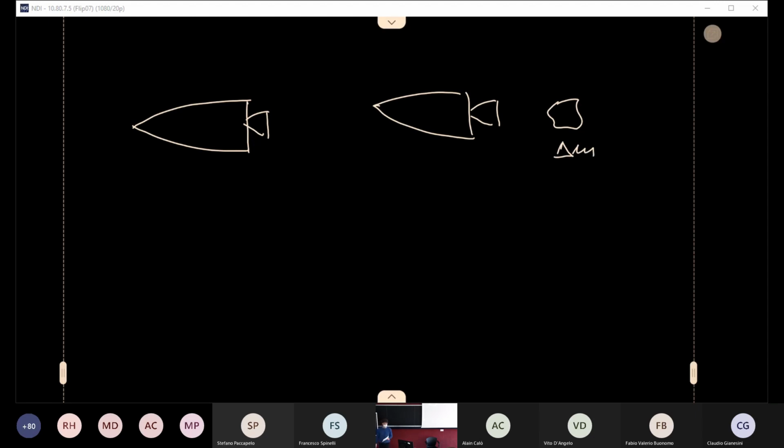We have the rocket flying at time t1 with velocity v1 in this direction, with a given mass. At a second moment, we have exhausted something with a velocity ue with respect to the rocket.